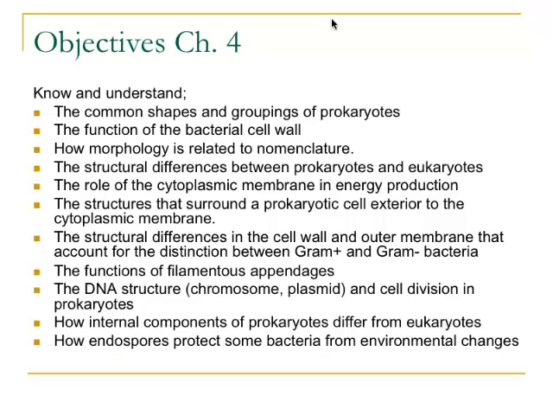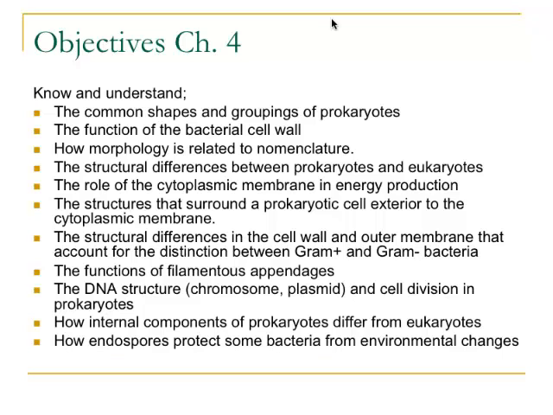Also, there's unique forms of DNA that are not found in eukaryotic cells that some bacteria have, and those are extra chromosomal pieces of DNA known as plasmids. And then how internal components of the prokaryotes differ from eukaryotes. So they do have some organization, even though they don't have a membrane separating the areas within the cell.